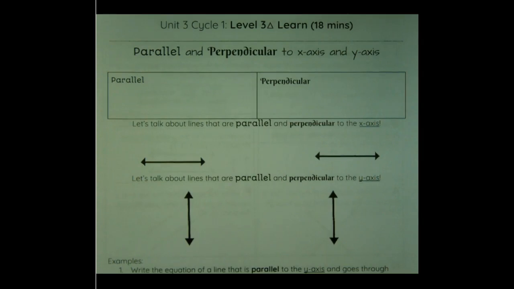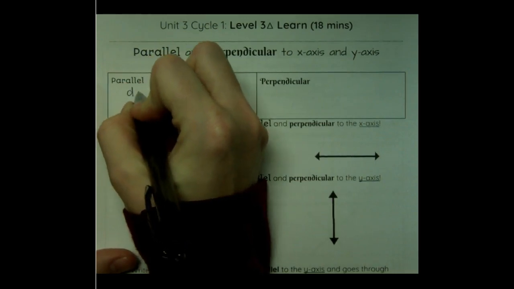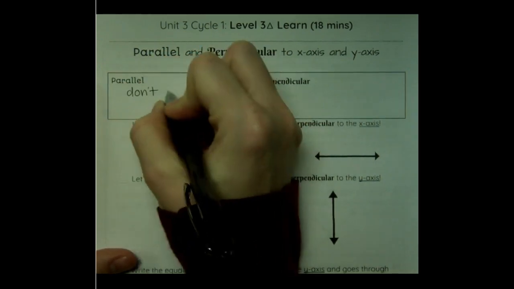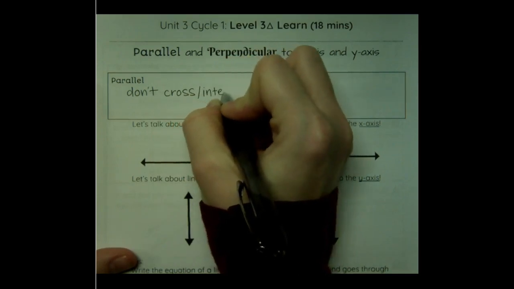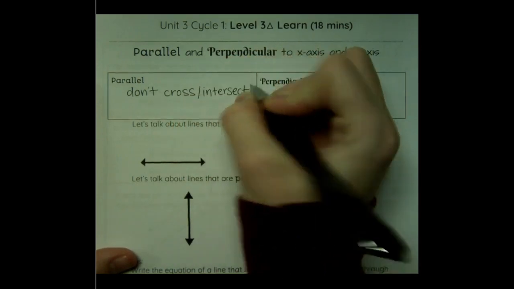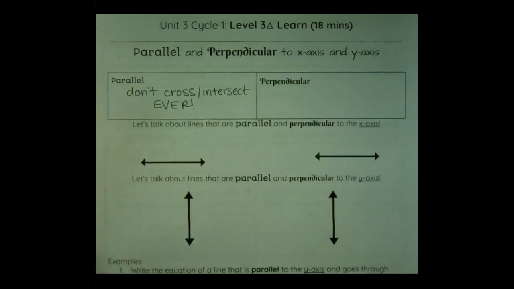So first, let's just review what parallel is. Remember that parallel lines are lines that don't cross or intersect, ever. Okay, they will never cross, touch, or intersect.